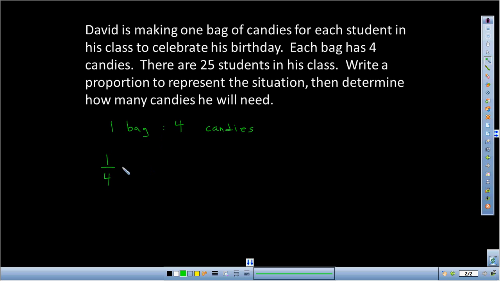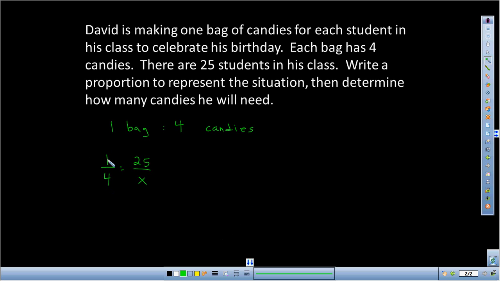So now we're going to say that this 1/4 is equal to 25 compared to, we don't know yet, the total number of candies. We know he needs to make 25 bags. So there we have our proportion. 1/4 is equal to 25 divided by x. Again, we can use our cross products to solve for x.